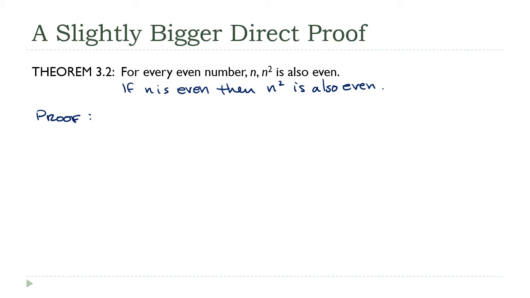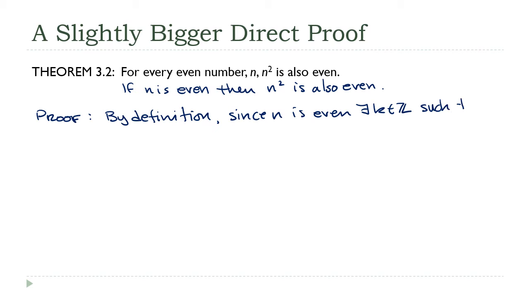So I will say, by definition, since n is even, there exists an integer k such that n equals 2k. Good, there's my setup.